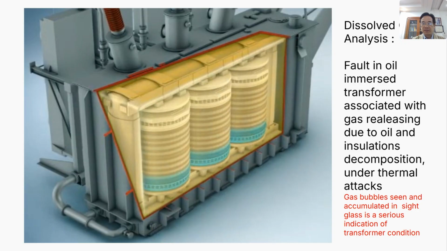The gas is generated inside the transformer because of the decomposition of transformer oil, and in some cases it comes from the aging, the decomposition of the insulation.